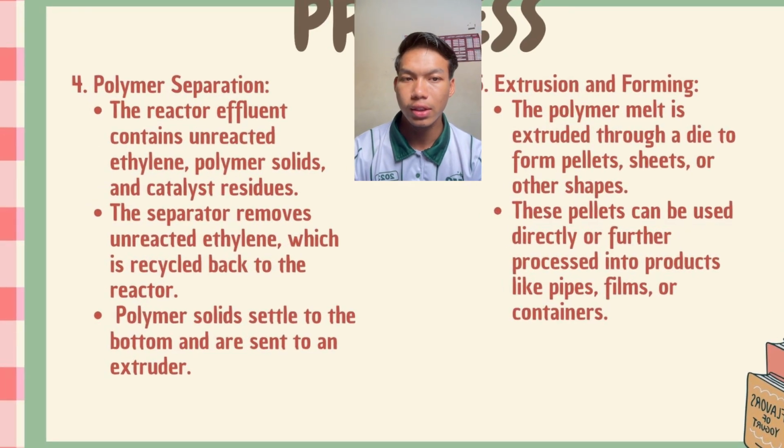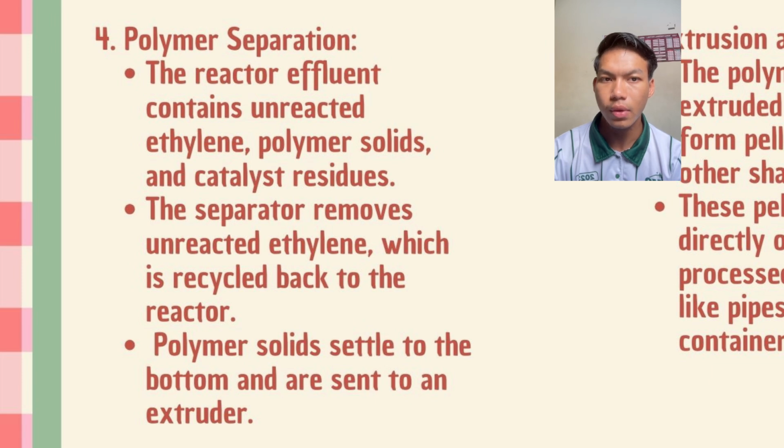The next process is polymer separation. The reactor effluent contains unreacted ethylene, polymer solid, and catalyst residues. The separator removes unreacted ethylene, which is recycled back to the reactor. Polymer solids settle to the bottom and are sent to an extruder.